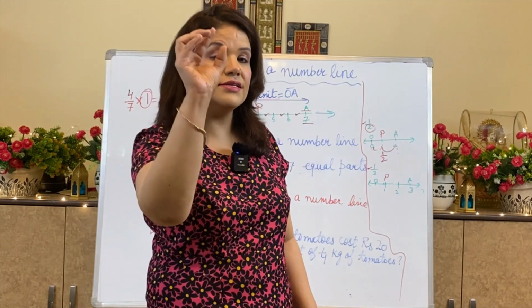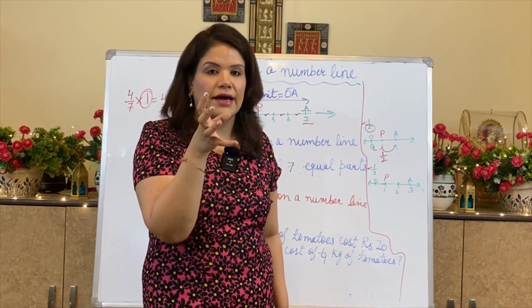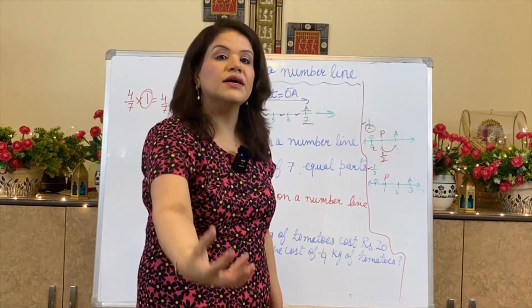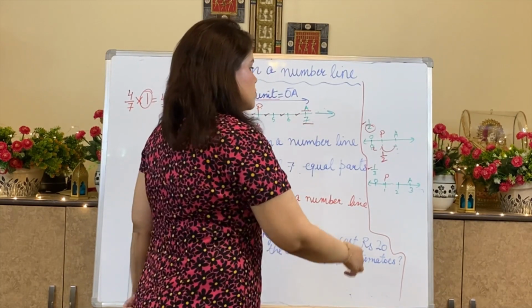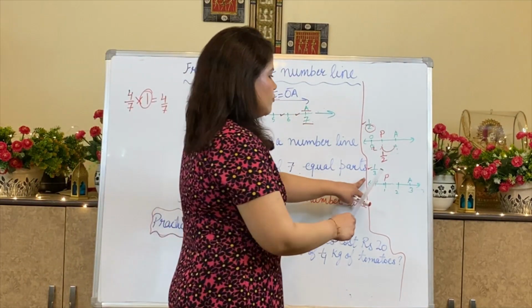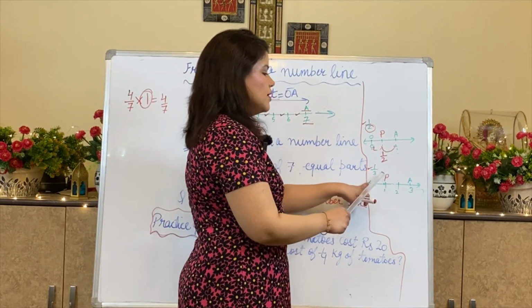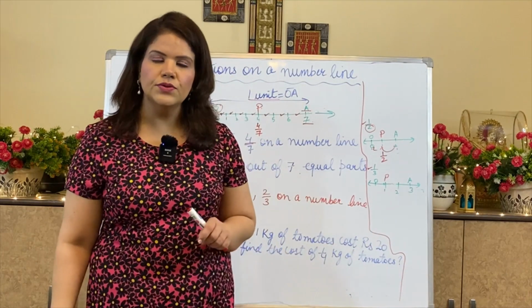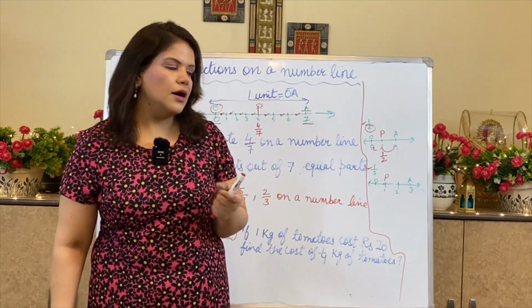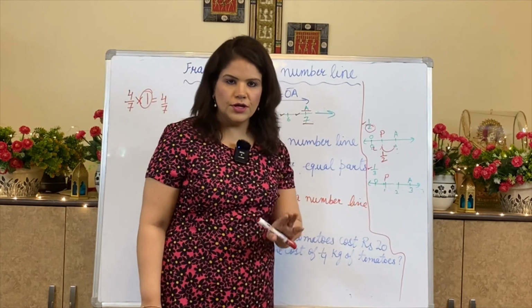That 1 is dividing the line which is of 1 unit into equal parts, but I am taking 1 part out of it. So that will become 1 by 2. If I have to denote 1 by 3 on a number line, how will I do that? Again I will take a number line and I will take a part OA of 1 unit length.